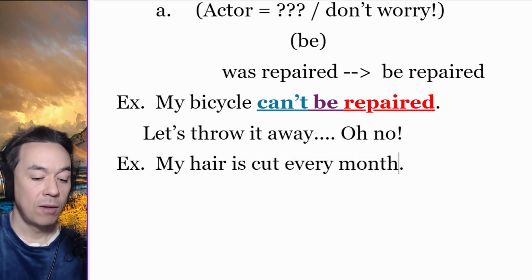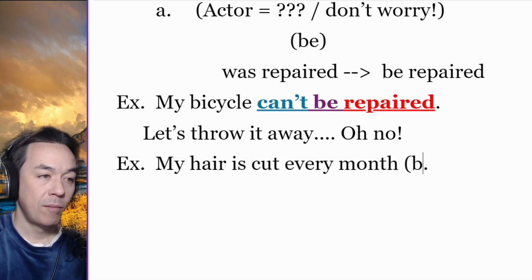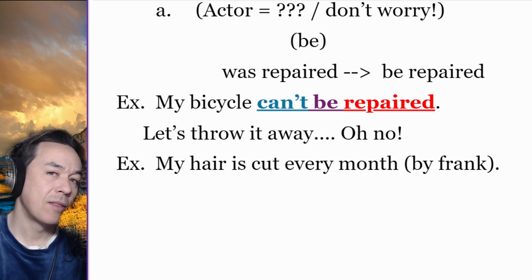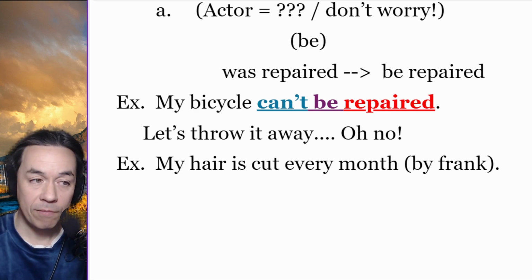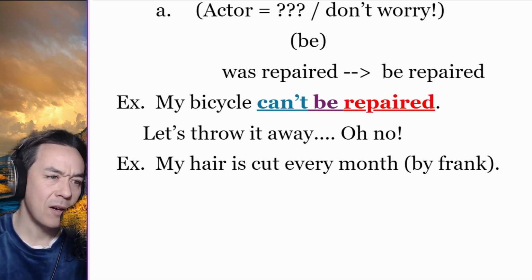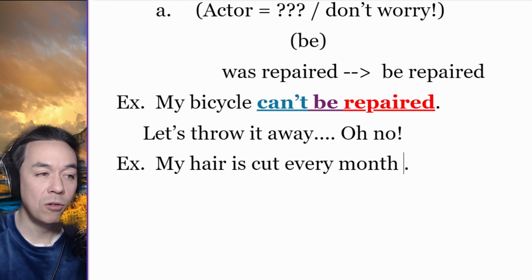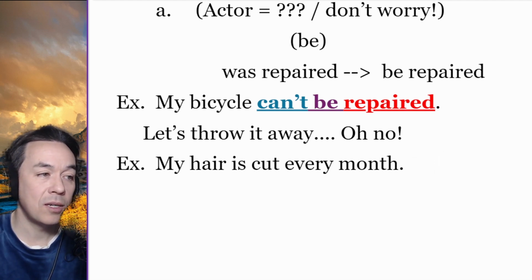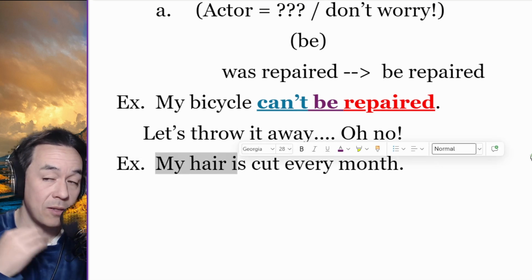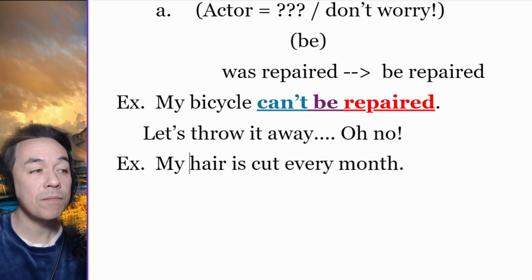Hair is cut by Frank, the barbershop guy. Is that important? No, don't worry about that. You don't have to know who it is. I want to communicate, it's every month, my hair is cut. I don't do it. Somebody does it.